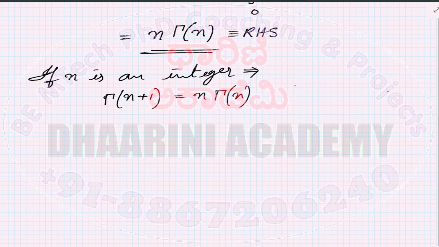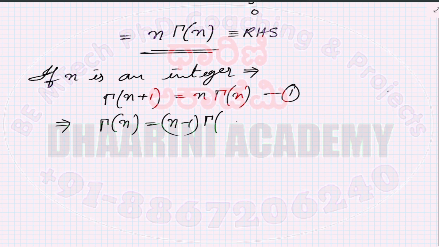Now I replace the n plus 1 by n. I'll call this equation number 1. Gamma of n can be written as, you see, n becomes n minus 1, one less than that, n minus 1 gamma of n minus 1, correct? So this is 2. Now I put 2 in 1, what happens?